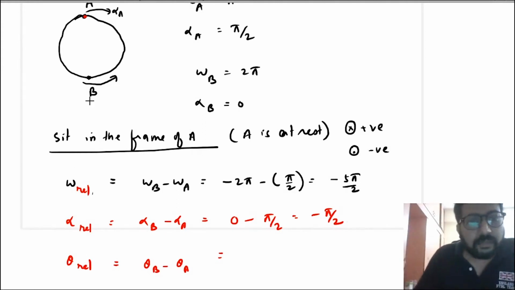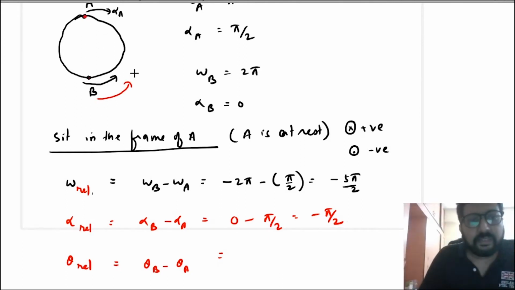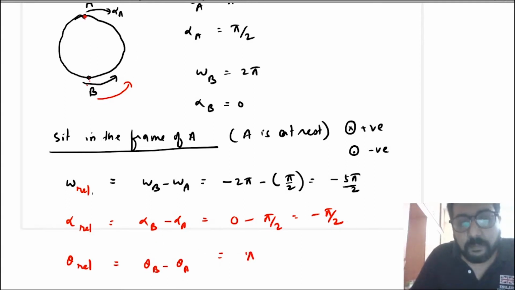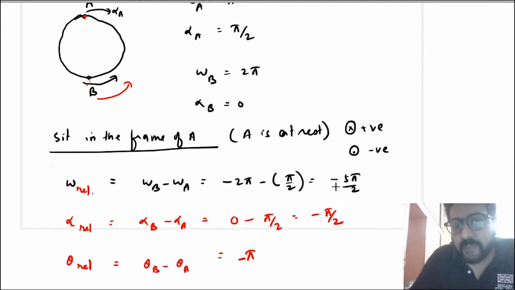So that means B has to move in this direction with respect to A. So in this direction theta also has to be negative, and because A is at rest, if B wants to collide with A, it has to cover an angle pi. So theta B minus theta A is minus pi, because you have to curl your fingers along the direction of motion. You can see that omega relative is minus, that means anti-clockwise. So the angle that B has to rotate is also anti-clockwise. Anti-clockwise means negative. Okay, so minus pi.